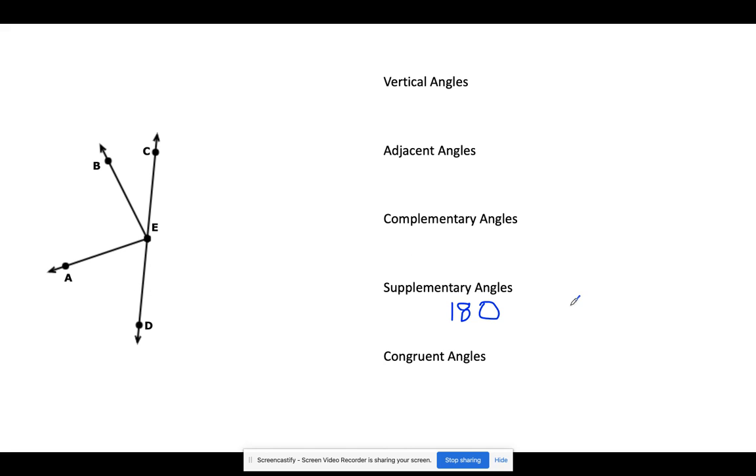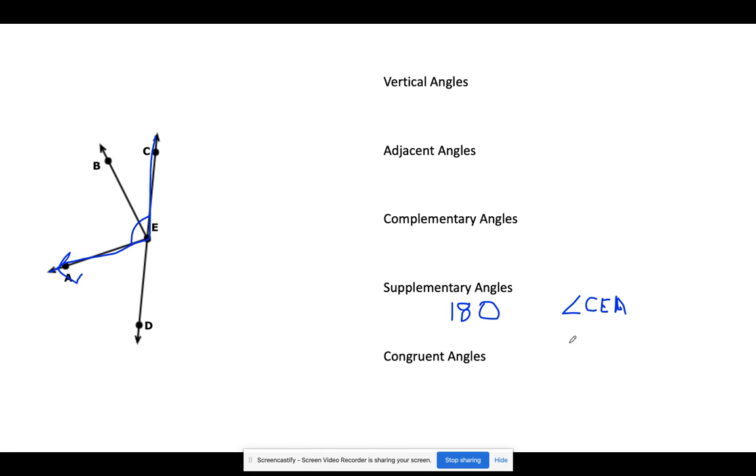I'm going to use this angle symbol, and then the letters C, E, and A to represent this angle right here that comes in from C, turns at E, and goes out at A. So I'm talking about this angle right here.